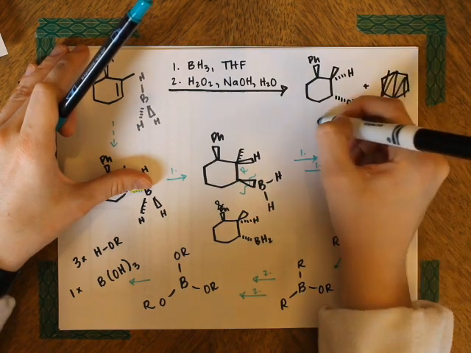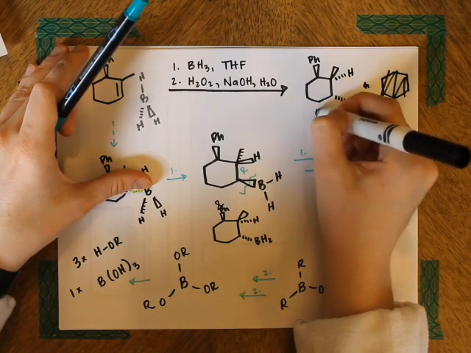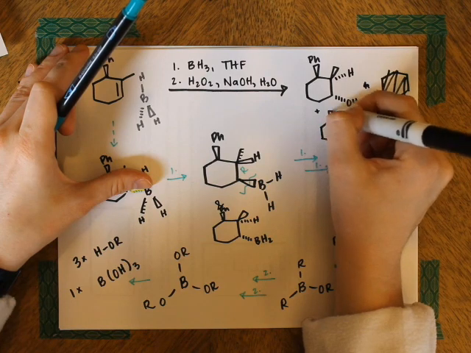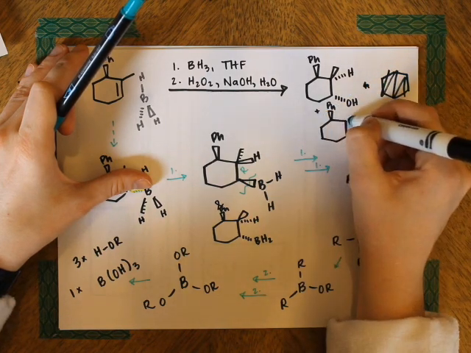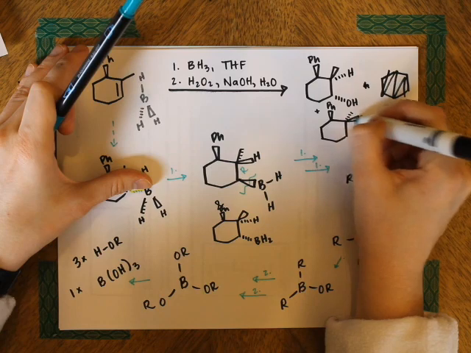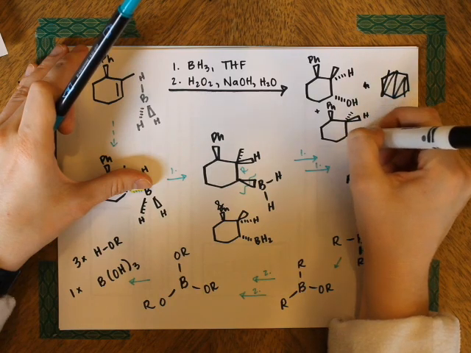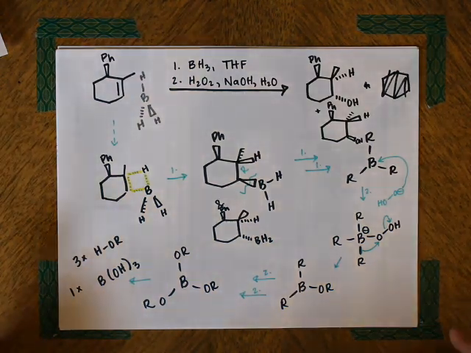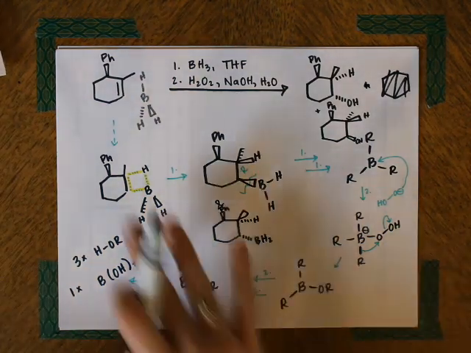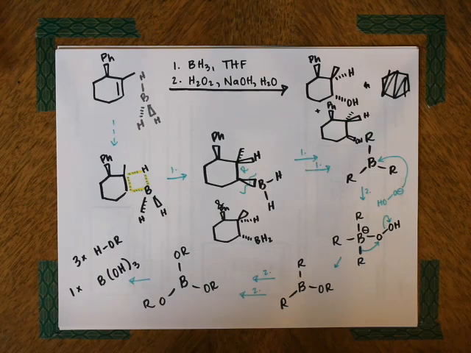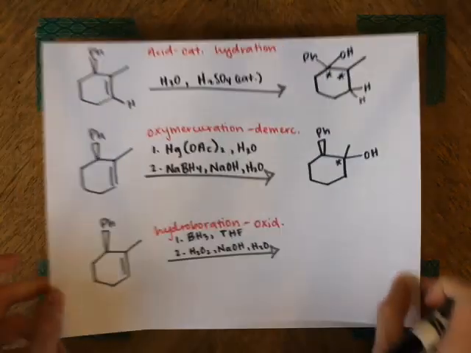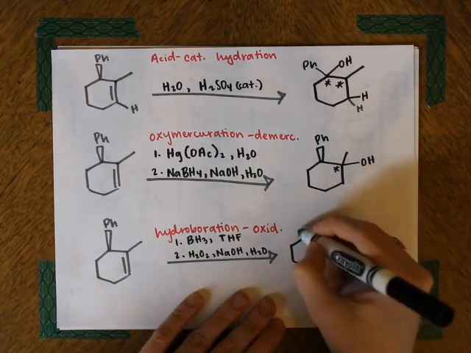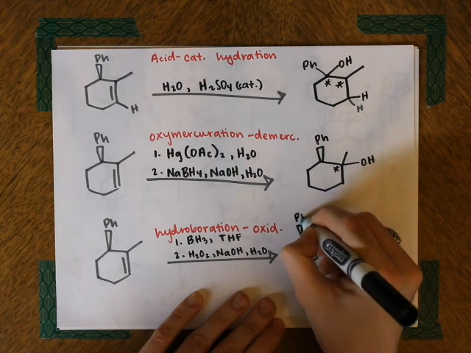I'll draw them down here. Sorry, that's a little tough to see. I'll redraw it over here. Anyway, this is the mechanism for that hydroboration-oxidation. I end up with 2 separate molecules with important stereochemistry that I need to show.